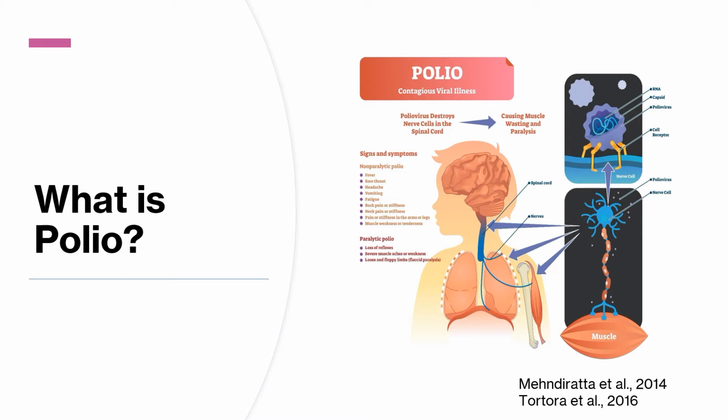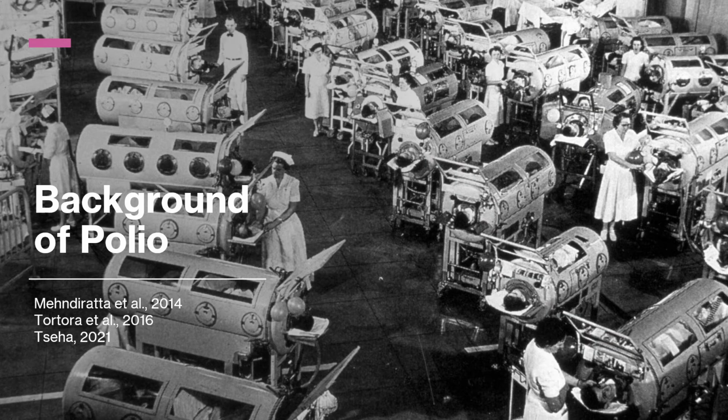Let us now continue by discussing the background of this disease. The name poliomyelitis originates from the Greek word polio, meaning gray, and myelin, which means marrow. Poliomyelitis is a member of the genus Enterovirus and belongs to the Picornaviridae family.